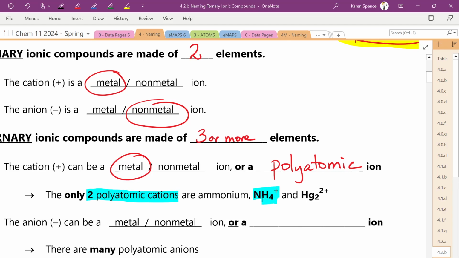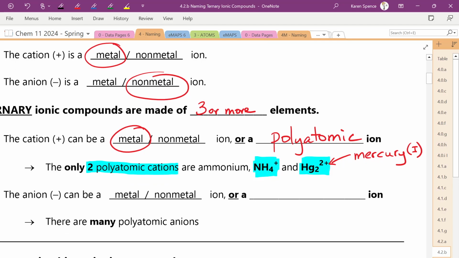Those are ammonium and mercury 1. The anion can either be a non-metal or a polyatomic ion. And there are lots and lots of polyatomic anions.